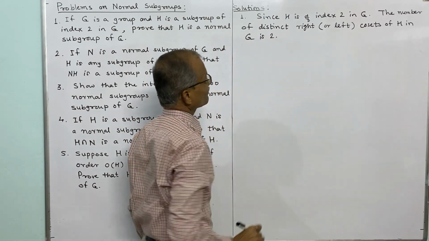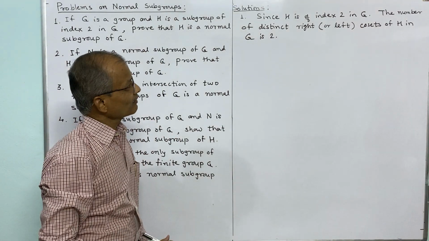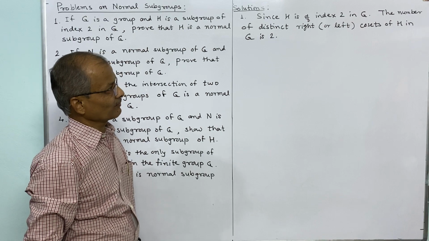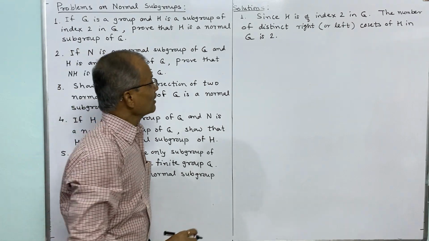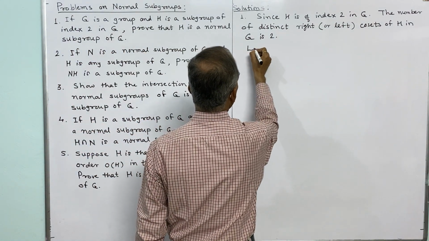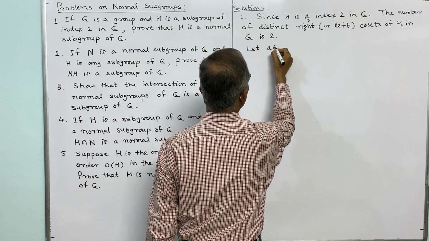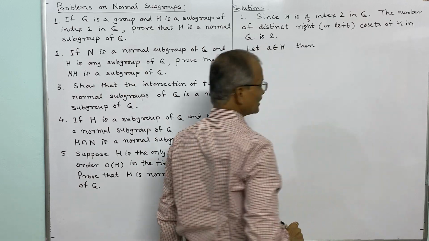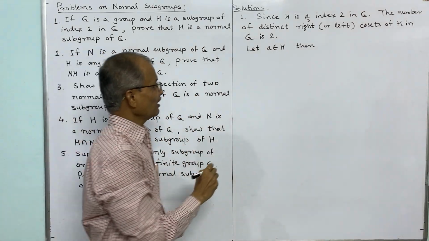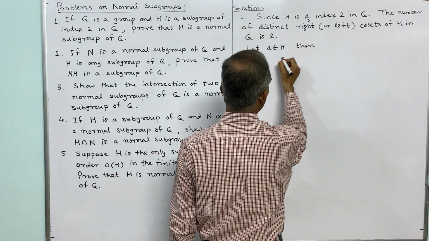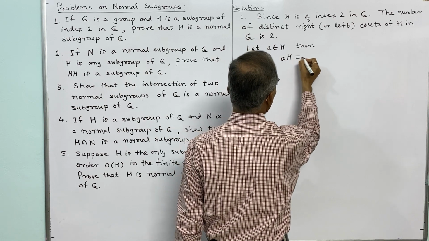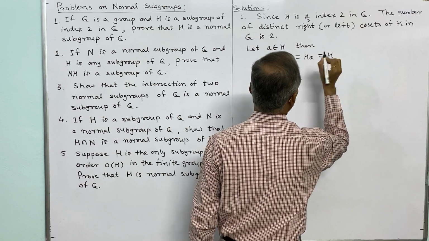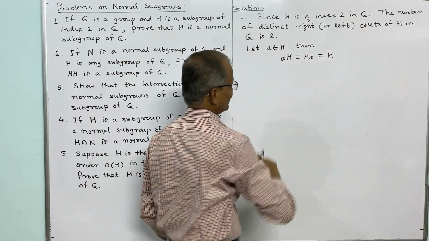That is the meaning of index. Number of distinct cosets, either right cosets or left cosets of H in G is 2. Now let a belong to H. Then consider an element in H. Then we consider the left coset aH, and that is equal to the right coset Ha, and this is equal to H. So this is the result when a is in H.